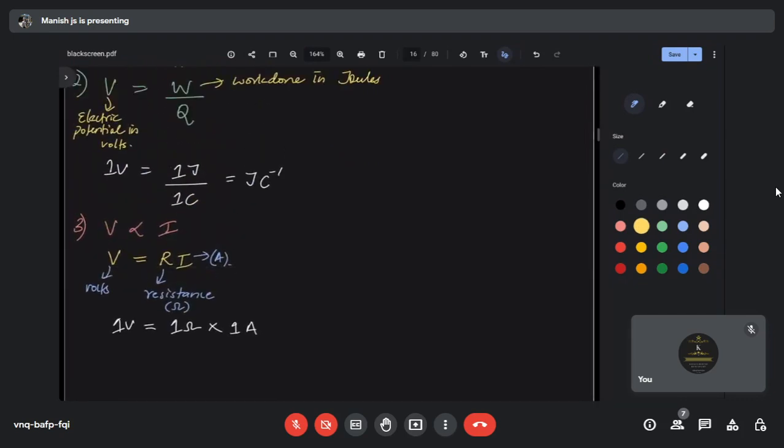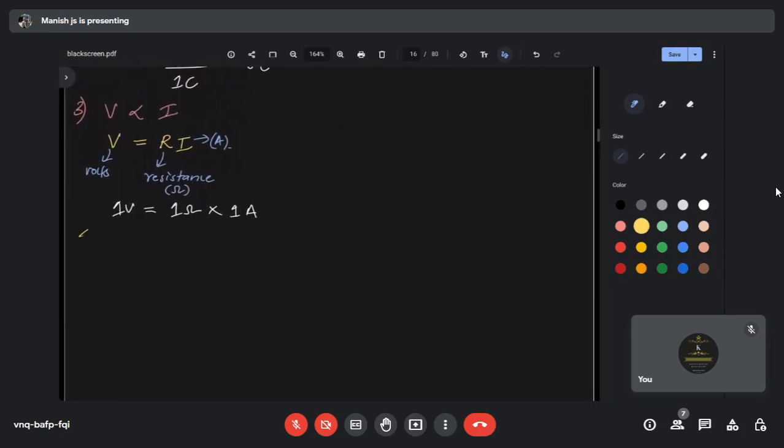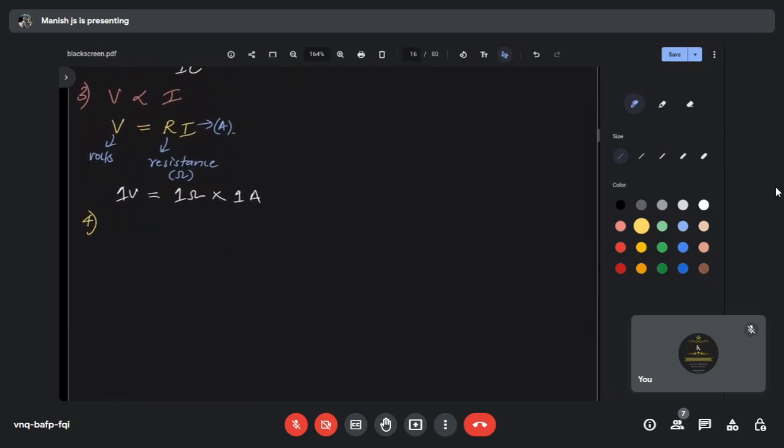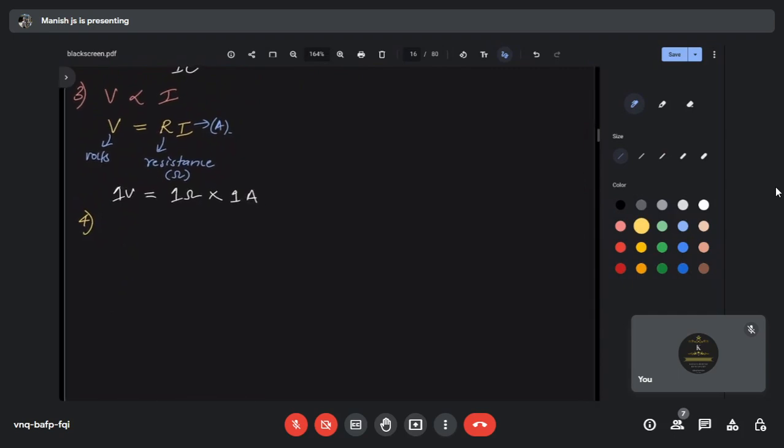So next, moving on to the fourth one. Next, you have factors affecting resistance, which is called resistivity.